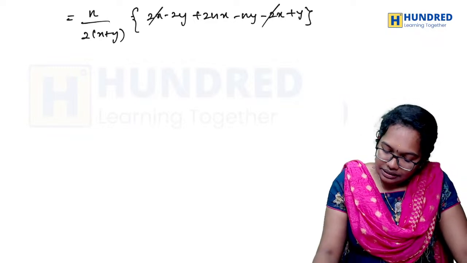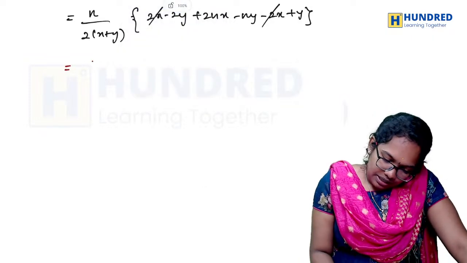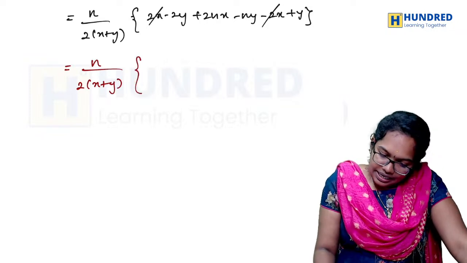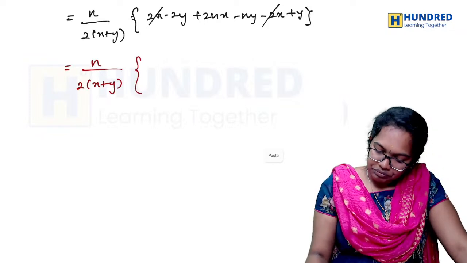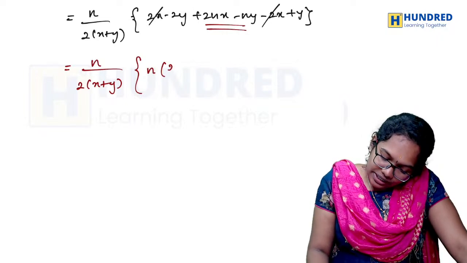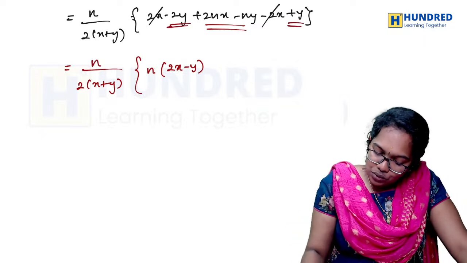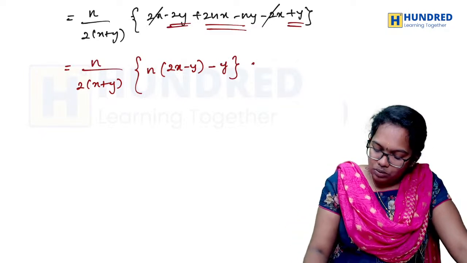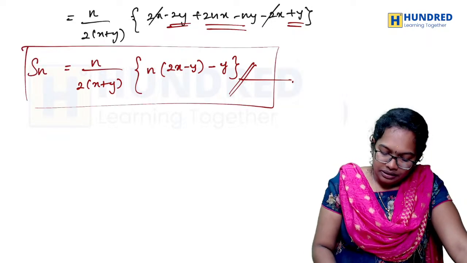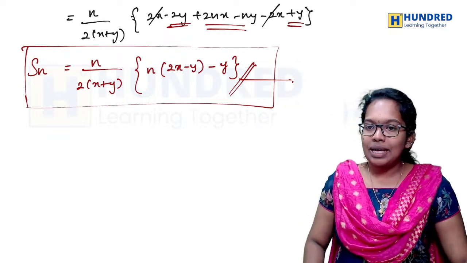So when you cancel things, you will get n divided by 2(x + y), and inside you can take n as common. So when you take n as common, it is 2x − y, and when you add these two, you will get −y. So this is the final answer for Sn. Okay. Do you guys understand this? So shall I move on to the next question?